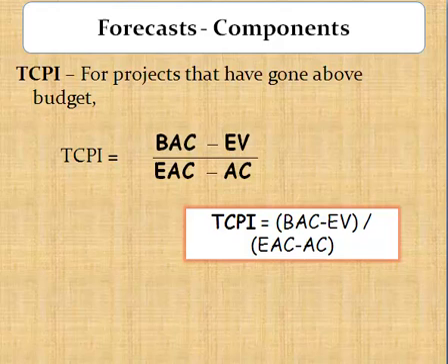The TCPI based on the EAC is derived by dividing the difference between the original budget and the earned value by the difference between the actual cost and the estimated cost at completion. That is, TCPI equals BAC minus EV divided by EAC minus AC. This formula tells us how we should perform cost-wise in order to deliver the project within the new estimates, the estimate at completion.